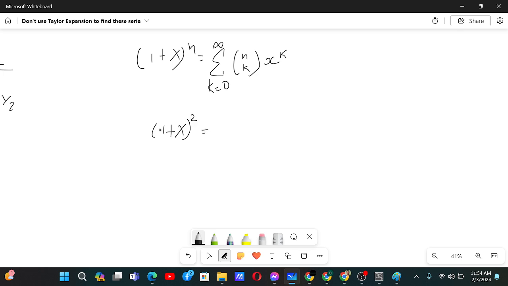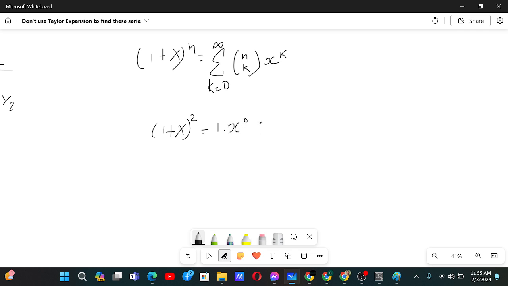If we have to find this expansion, basically what this says is we will first have n choose 0, which is 1. So that means we will have 1 times x to the power 0.